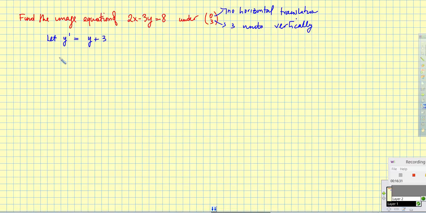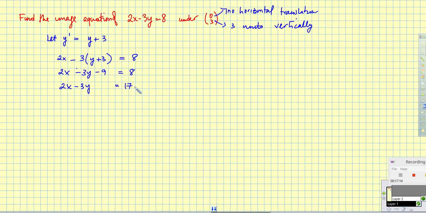So I will just do 2x minus 3 times y plus 3 is equal to 8. And then I'll say 2x minus 3y minus 9 is equal to 8. And 2x minus 3y, when I bring the 9 over to the other side, will go to 17.